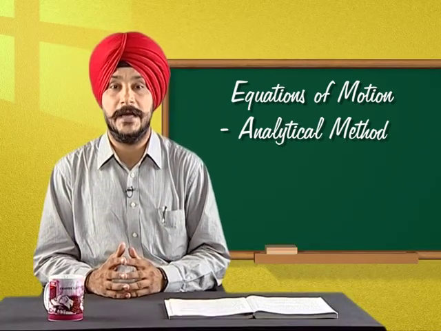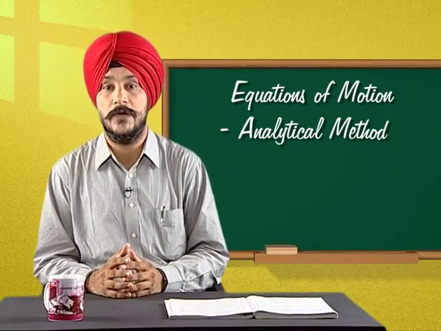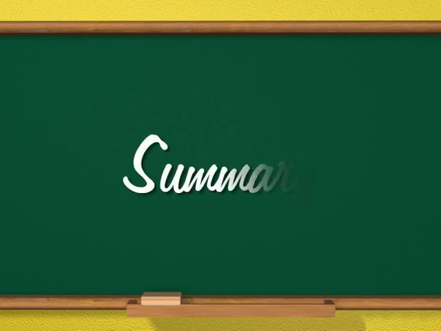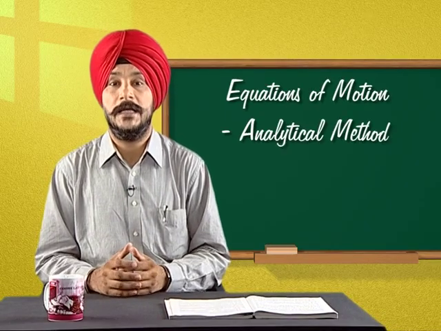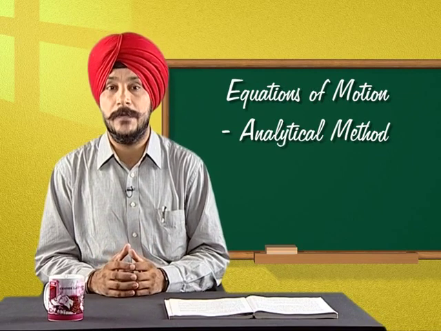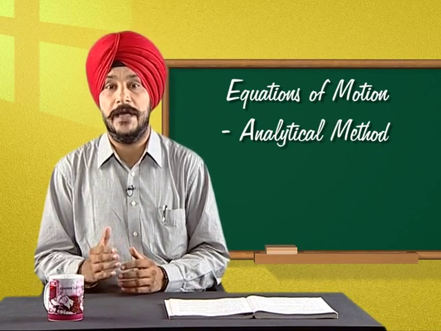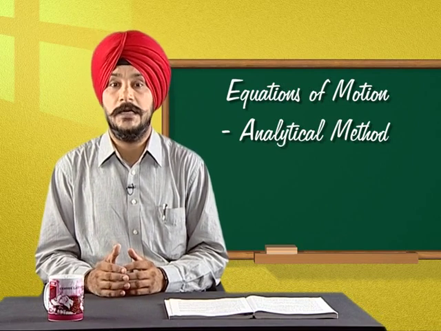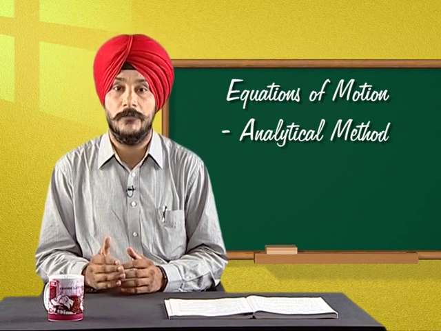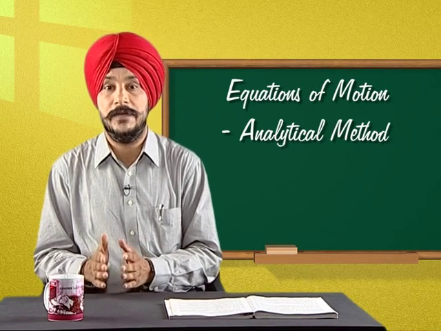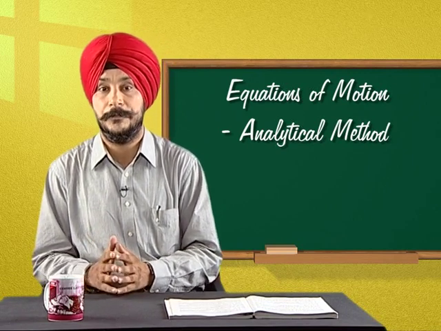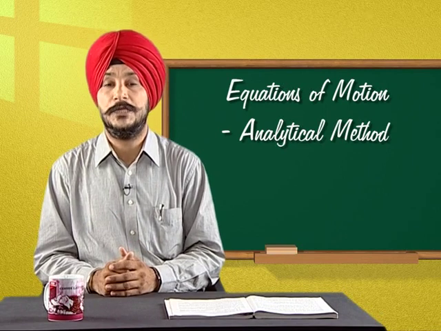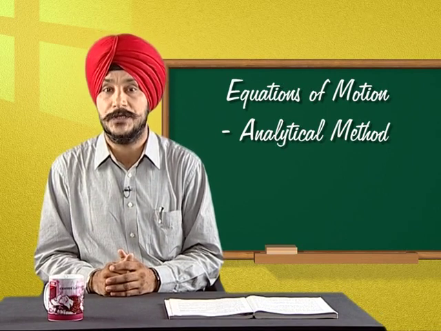Let us now summarize what we have learnt so far. Equations of motion can be used to describe a wide range of everyday phenomena. We derived the equations describing the motion of a particle moving with constant acceleration. Do you remember the expression for average acceleration?